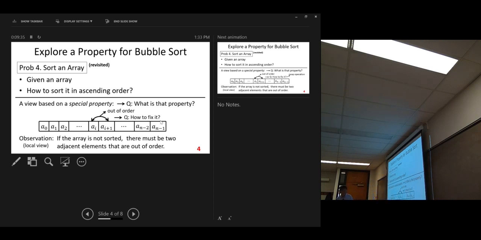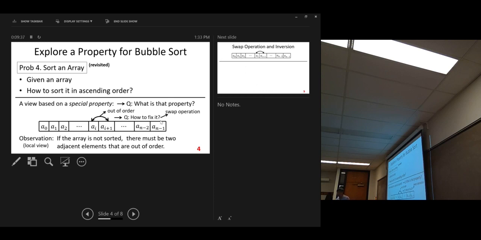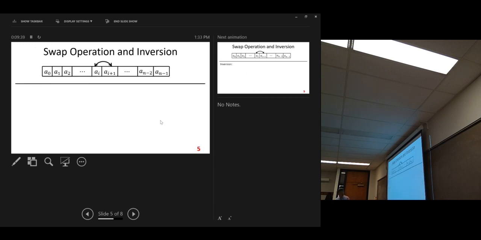All right, swap operation. Next, let's look at the swap operation and the inversion concept. For that out of order phenomenon, we use a formal terminology and call it inversion.